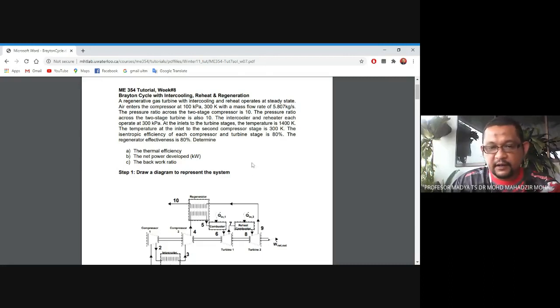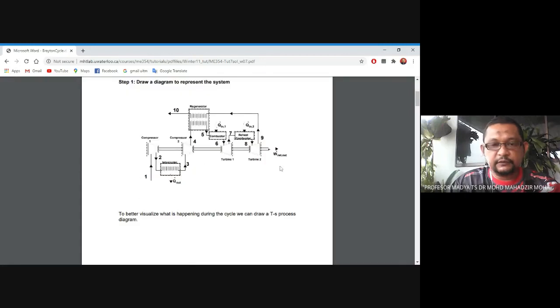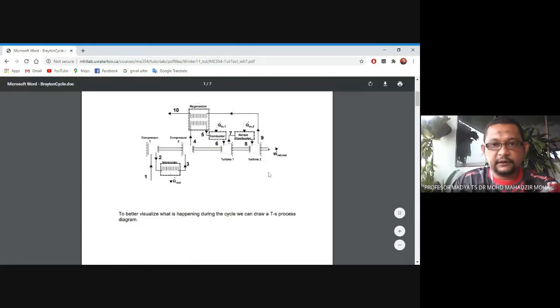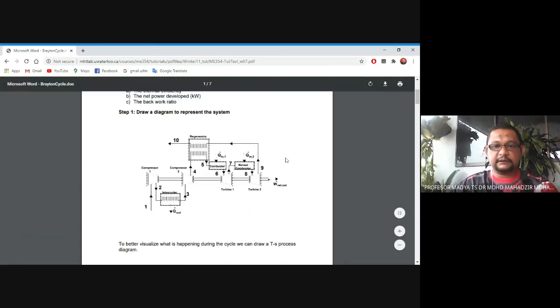Okay, step number one, what should you do? Draw the diagram that represents the system. What I have mentioned right now: the system has an intercooler that sits between compressor 1 and 2, and it also has a reheater that sits between turbine number 1 and turbine number 2.